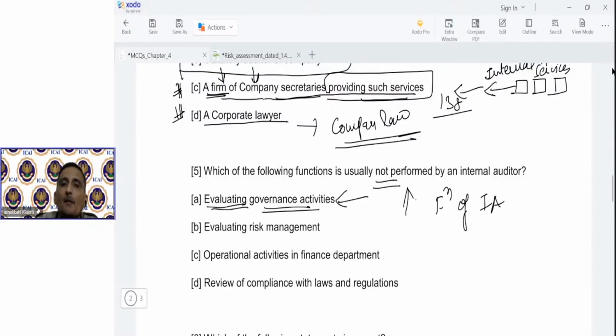Evaluating risk management. Now this we had also understood in the definition of internal audit, that he gives suggestions for making value addition and improvements to the risk management system. So this is also a function of the internal auditor.